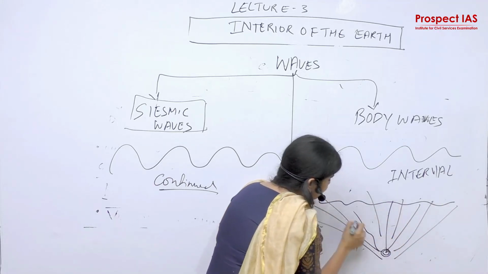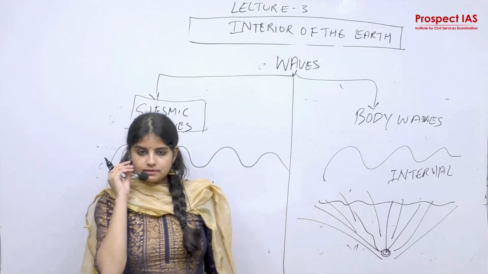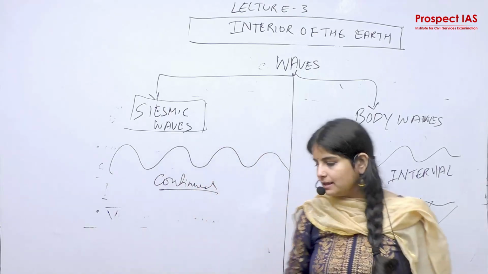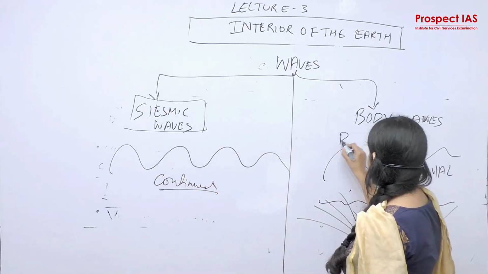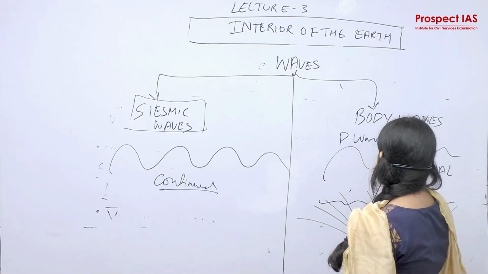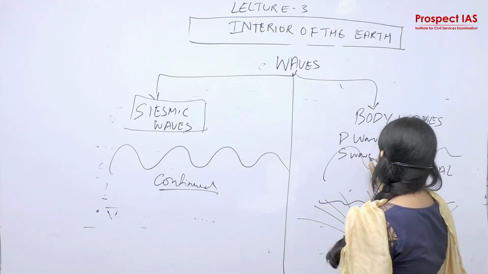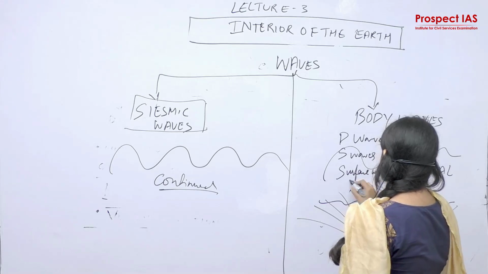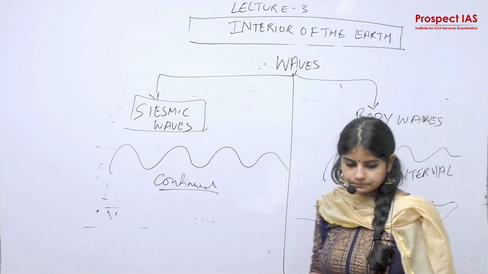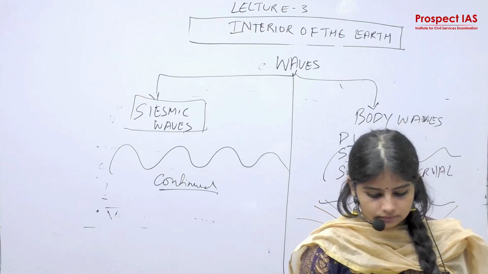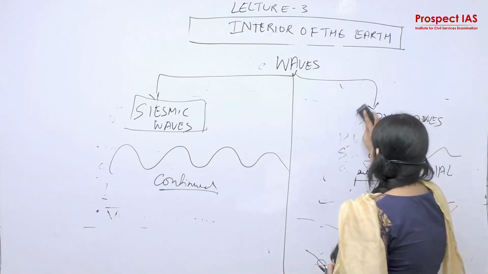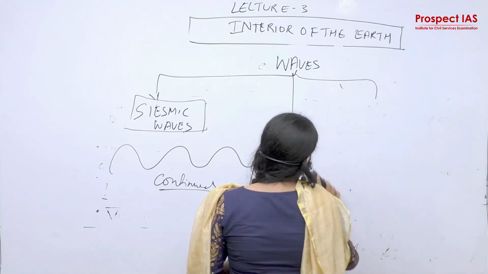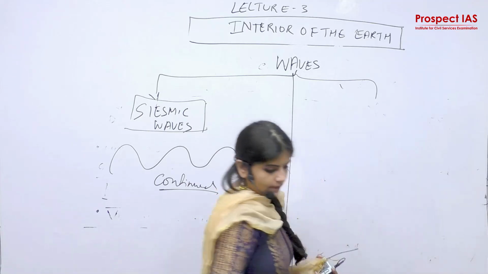Okay. It has three types: primary waves, secondary waves and surface waves. Three waves. So this is the graph being made, the wave travel graph in your NCERT book.